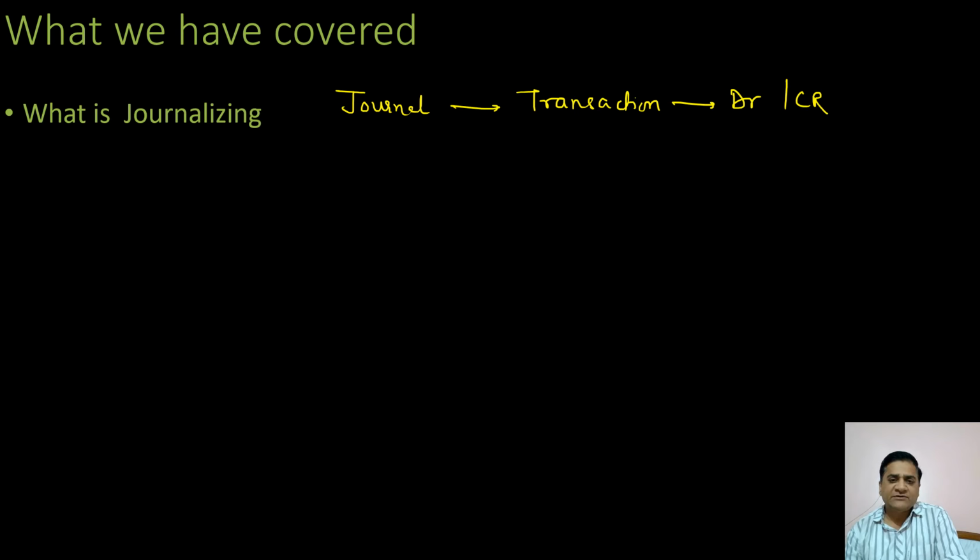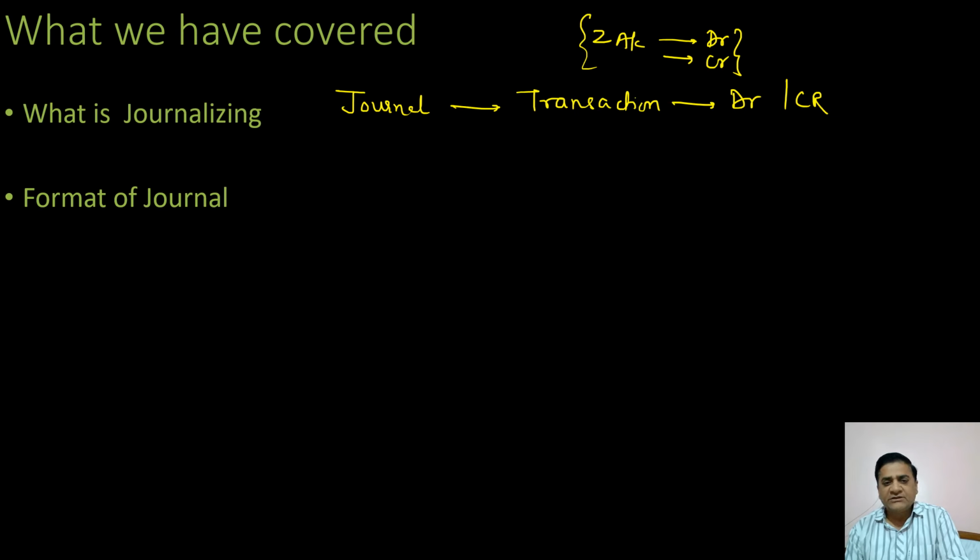What we have seen is that every transaction has at least two accounts. One of those accounts is recorded on the debit side, the other one is recorded on the credit side, and the way in which we record these transactions in the journal book is called journalizing.